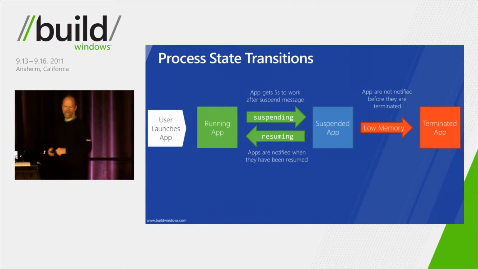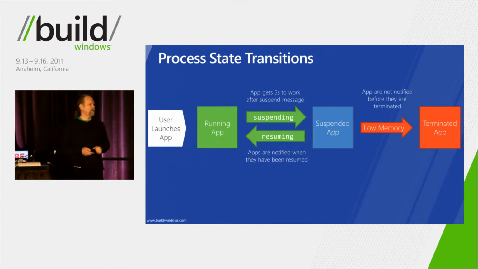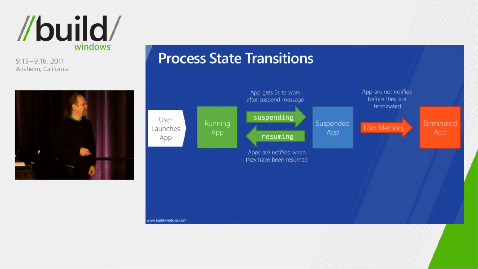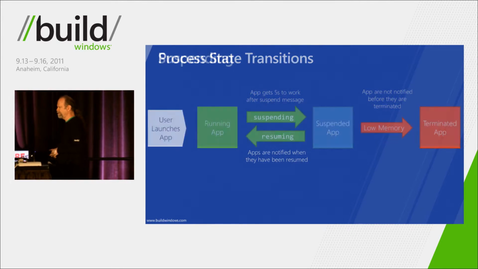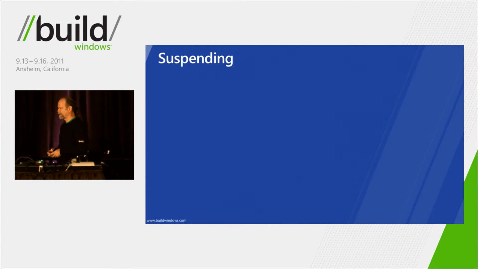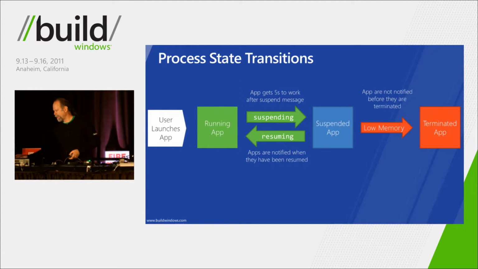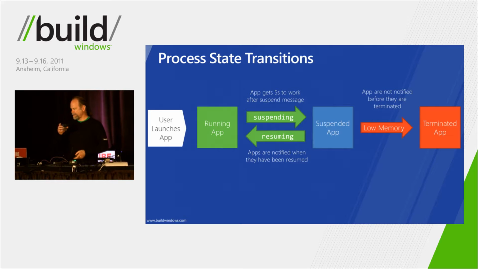Now, I believe there's also been some information about how the operating system handles suspended applications. And really what happens is, this is equivalent to losing focus or becoming iconified to some extent in the Windows 7 case. If you've been completely obscured from the screen, the OS immediately suspends your application.